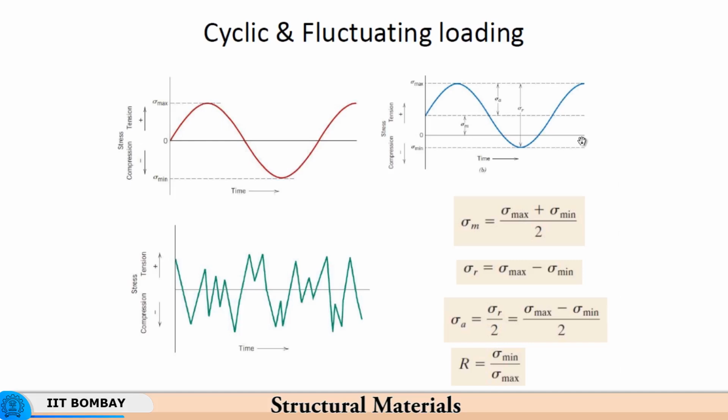The load goes up, comes down, then again goes up, comes down. Maybe the person has kept some luggage here, the person got up but has still left the luggage behind, so there is still some weight here, although the weight has decreased. These are basically fluctuating loads. Not at all times does the load come down to 0, but the load continues to fluctuate, not exactly in a cyclic manner, but in a certain pattern.